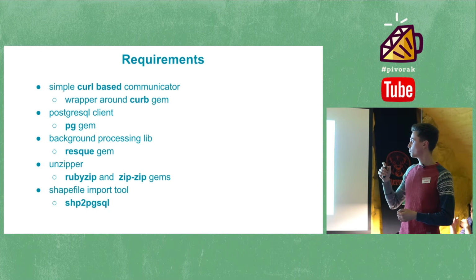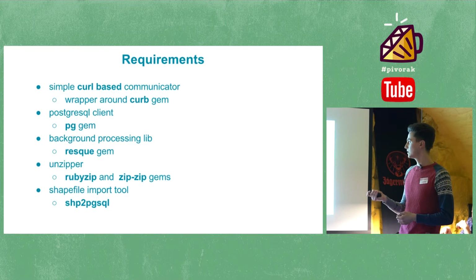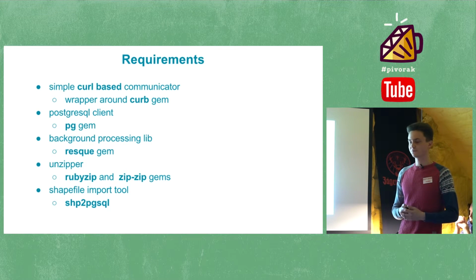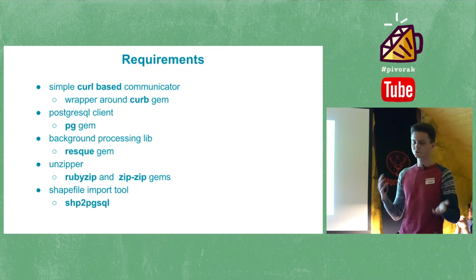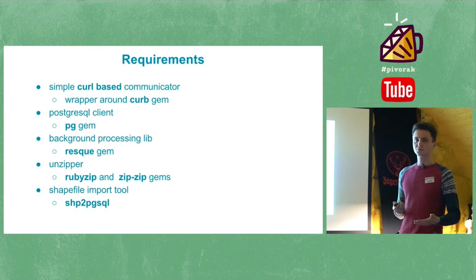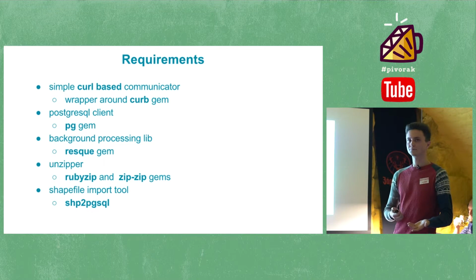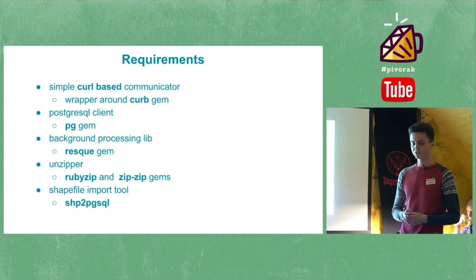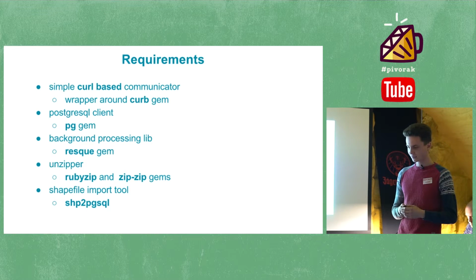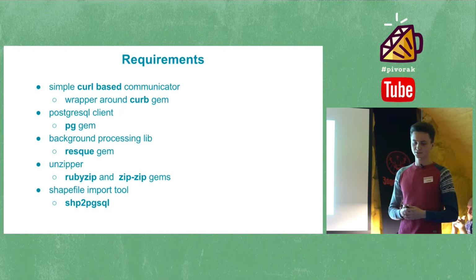Of course, we will need a background processing library. For that, I picked Resque because I needed a couple of queues, and we needed background processing because the import might take some time, of course, and we want to give our users the credit to wait until it's over.